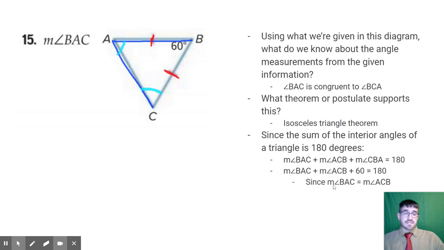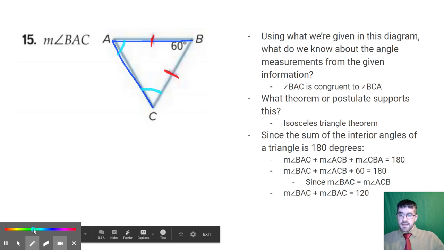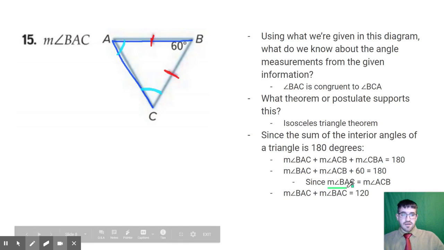However, note, since the measure of BAC equals the measure of ACB by the definition of congruence, if two angles are congruent, their measures are equal, that means these two will be the same value. So we're going to substitute in BAC for ACB here. You see we go from BAC plus ACB to BAC plus BAC because the measures are the same.